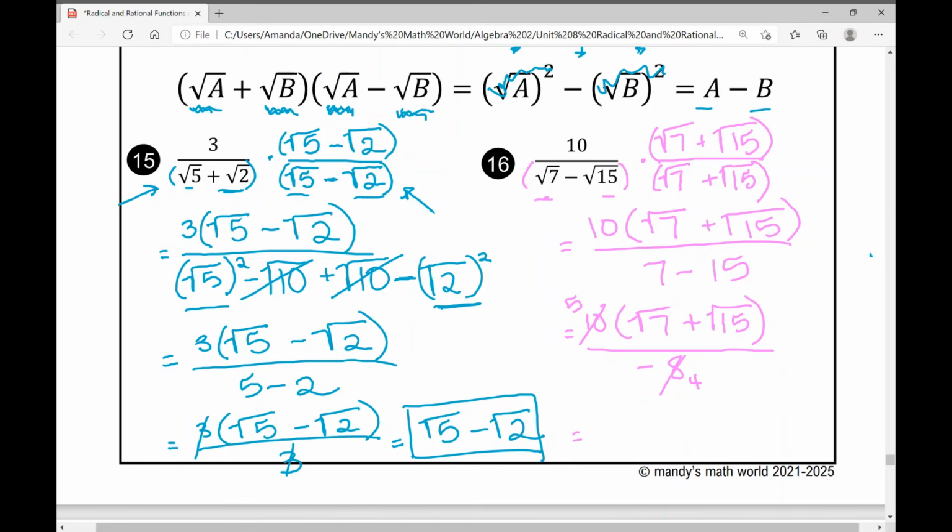So I'm going to rewrite that as 5 times root 7 plus root 15 over negative 4. And you can put a negative out in front if you want. It's going to be the same value. But there is my answer, and that concludes your very long notes today over simplifying, multiplying, and dividing radical expressions. I hope it was helpful.